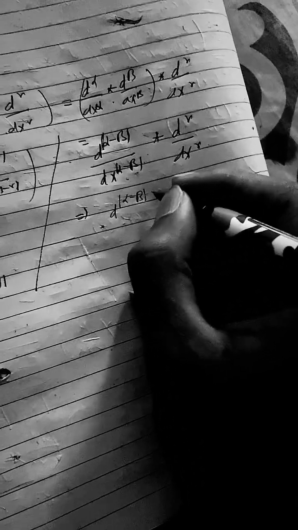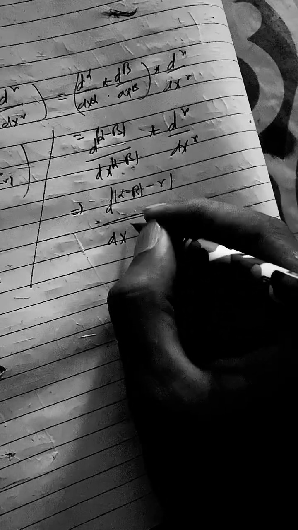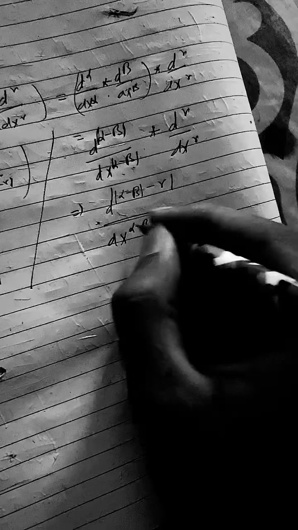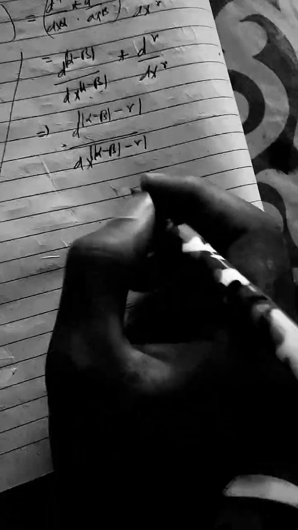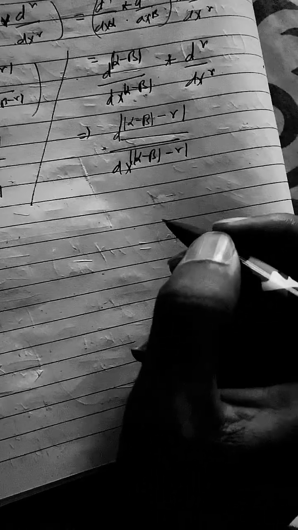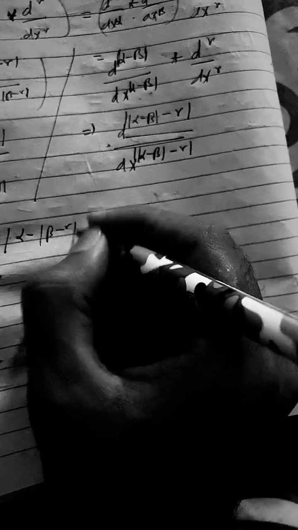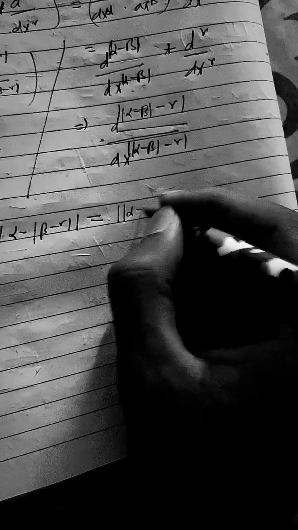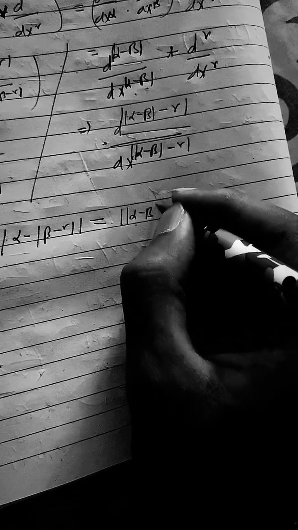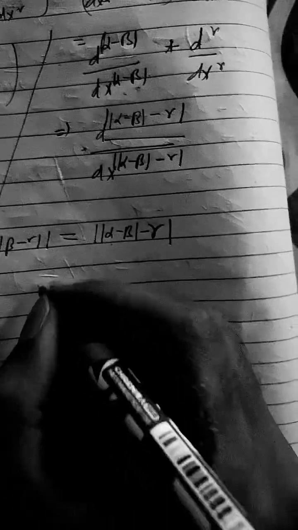So this will be alpha minus beta minus gamma absolute value by dx, again alpha minus beta absolute value minus gamma absolute value, right? Now are these and these equal? That's what we have to check. Is the absolute value of alpha minus beta minus gamma equal to the absolute value of alpha minus beta minus gamma? This is what we have to check. Now to check this, let's take an example.